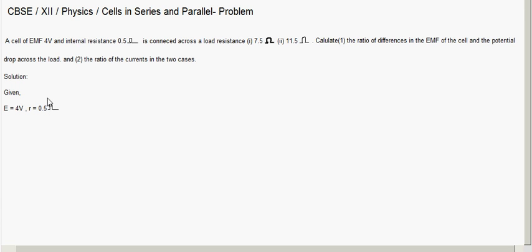And if V is the potential difference, we have an EMF source E with internal resistance r and external resistance R. The EMF of the cell is always equal to potential difference plus I into r.